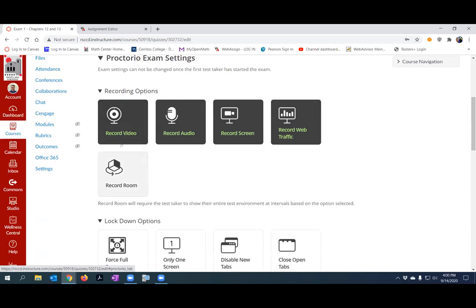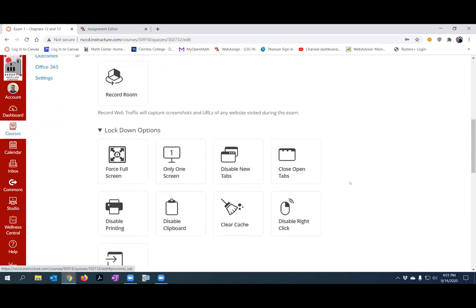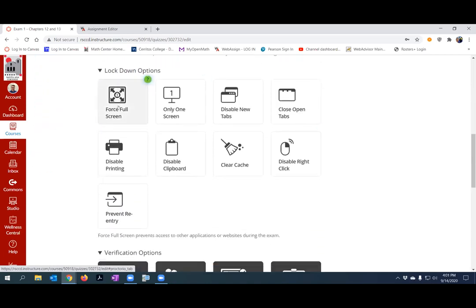Okay, what's it going to record? It's going to record your video, audio, record your screen, and record the web traffic. It's just going to record your web traffic. I'm not locking down your browser. It's recording all the places that you went to. Okay, lockdown options. I'm not forcing you to only be on one screen.